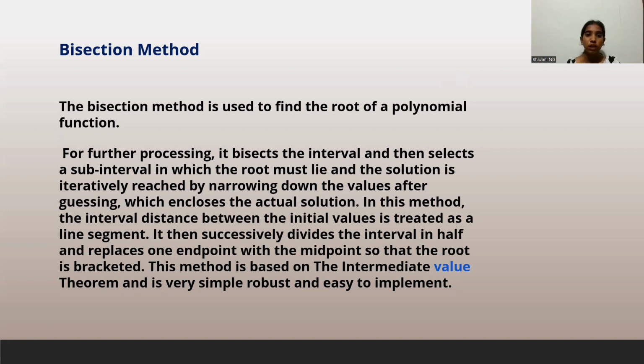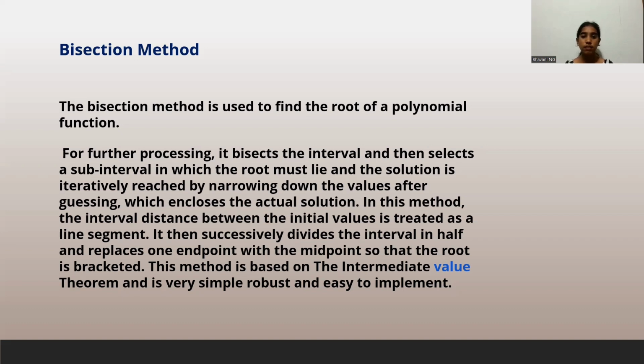For further processing, it bisects the interval and then selects a subinterval in which the root must lie, and the solution is iteratively reached by narrowing down the values after guessing, which encloses the actual solution. In this method, the interval distance between the initial values is treated as a line segment.